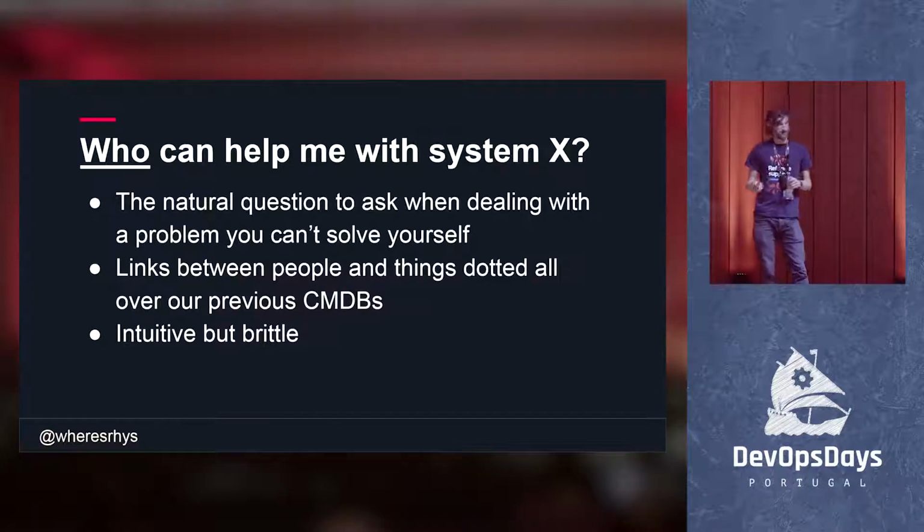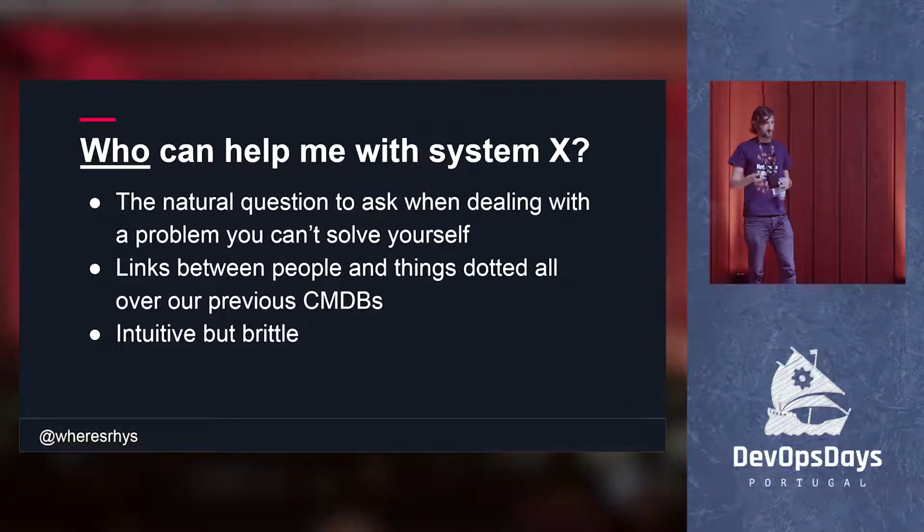So a natural question our operations team will ask is, who can help me with a particular system? It's very tempting on each system to put some names of people next to it. This is an intuitive way to model it, but it's very brittle because people move on.